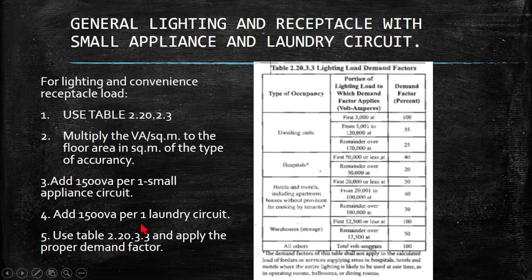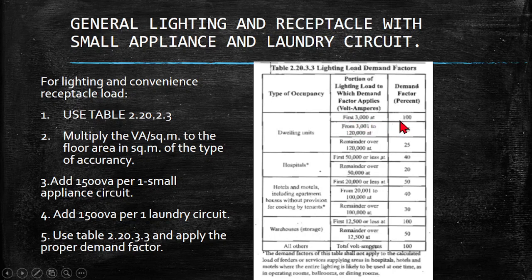Tapos add din ng 1.5 for one laundry circuit. Tapos we'll use table 2.20.3 and apply the proper demand factor. So ito. So this is the proper demand factor for the lighting, receptacle, and small appliance laundry circuit. Okay. So for dwelling units, yung first 3,000 natin, that will be 100%.